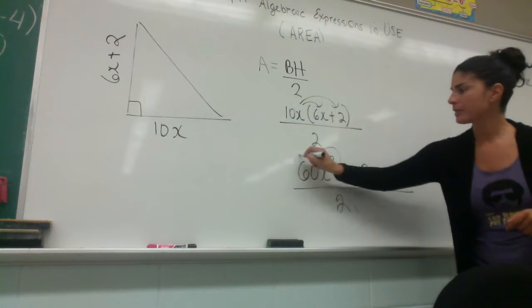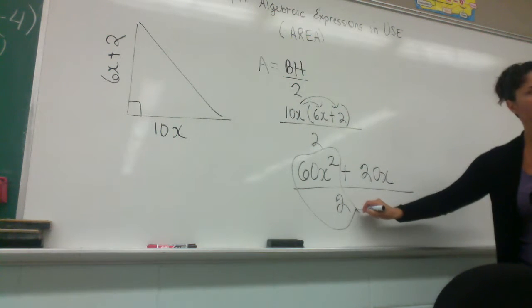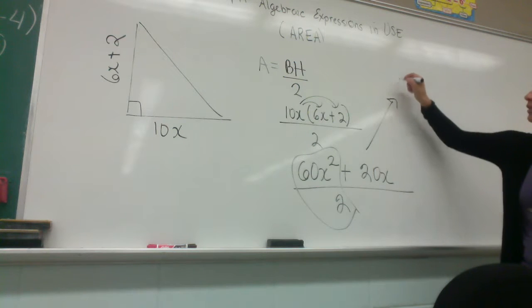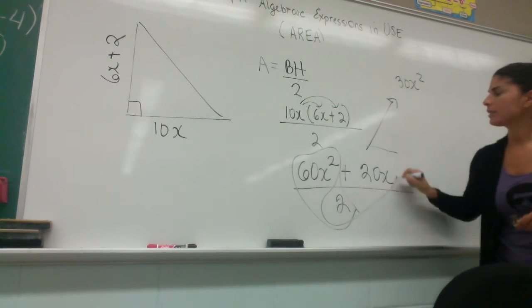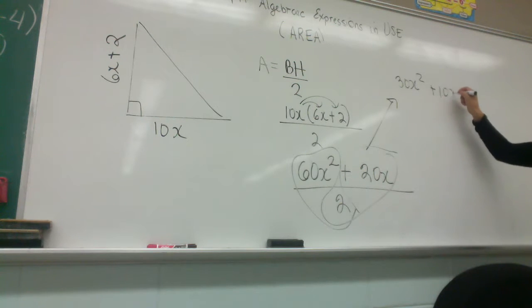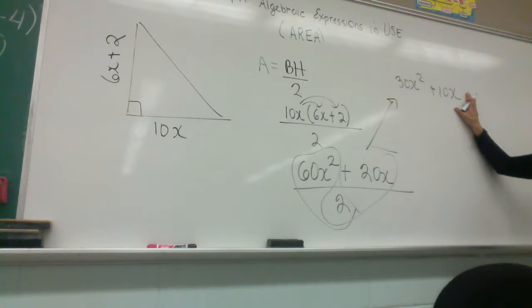So what happens is I have, final answer, 30x squared and 10x. Is this my final answer? Yes. Unless I give you the value for x, you cannot go further than this. Yes, sir. I did the 6x plus 2 before, I switched them around and I got the same answer.